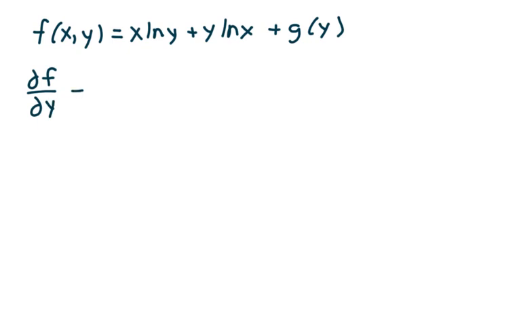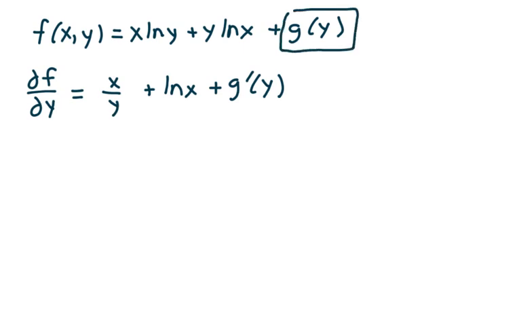So now I need the partial of f with respect to y. So this is x over y plus natural log of x plus g prime of y. Now, remember, ultimately, I need to get a handle on g of y, and I'm going to use the second component of the vector field to accomplish that goal.